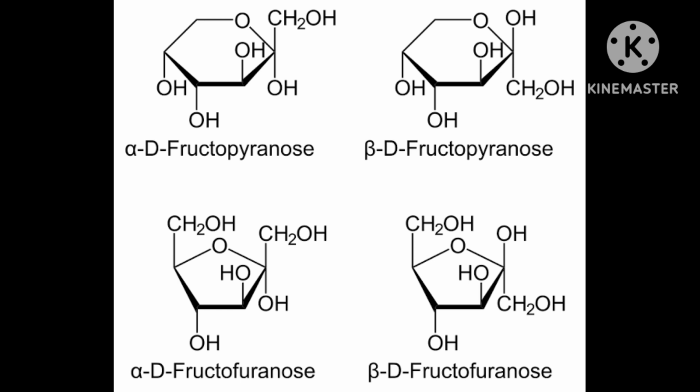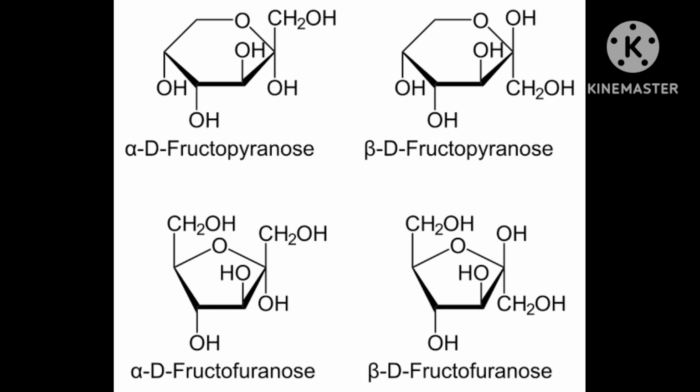But here in beta D fructofuranose, it is minus, both are minus, alpha or beta. Here again carbon number 2 and carbon number 5 have CH2OH, but now it is opposite to alpha.